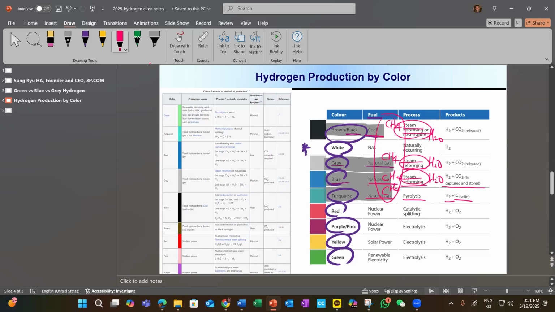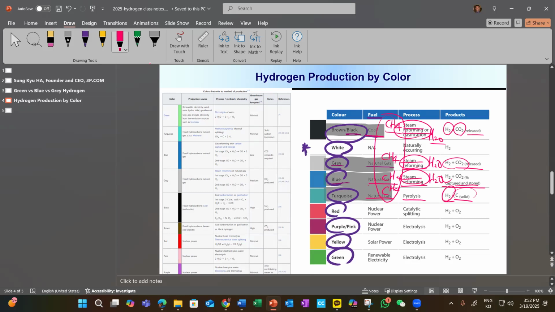And then the product, as you can see, CH4 plus H2O gives us H2, and CO2 is released or captured and stored, and this is also released, and this is the solid.